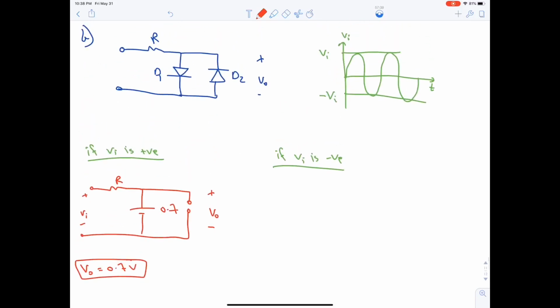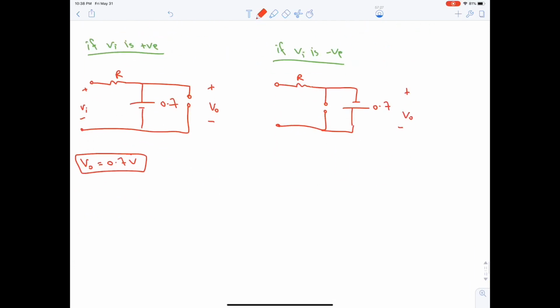If Vi is negative, then D2 is on and D1 is off. This is positive and this is negative, 0.7. So V output is minus 0.7 volt, okay?